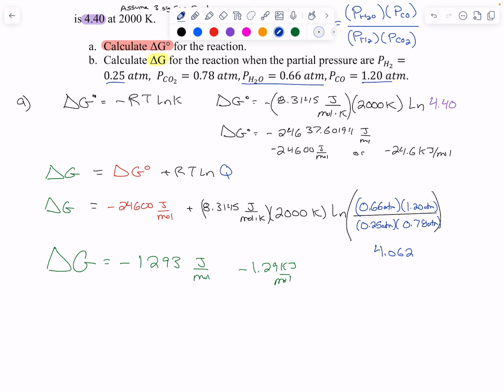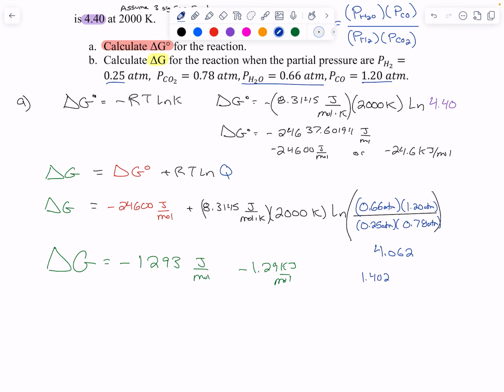And then the natural log of 4.062 is what? 1.402.